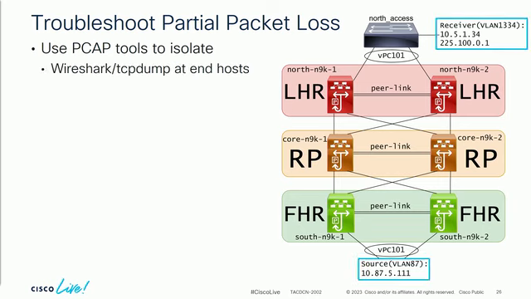The first tool that we can use is running captures at the source and destination. This is a relatively easy thing to do. And if we were to run those captures at the source and receiver at the same time, we could determine how many packets were sent and how many made it to the receiver.